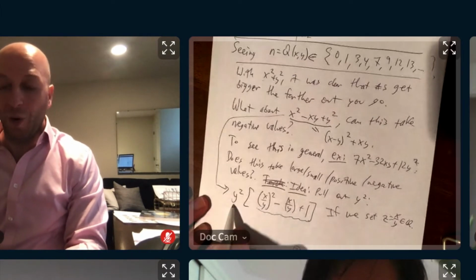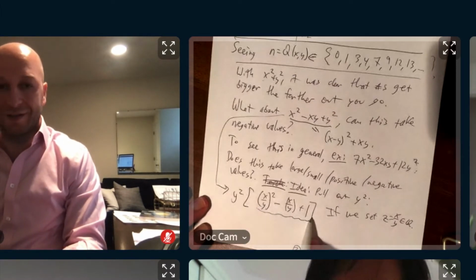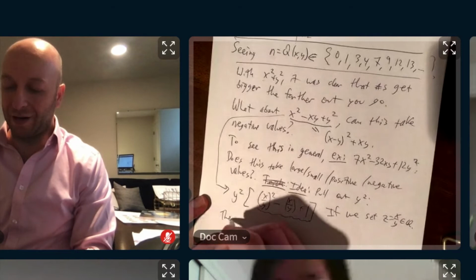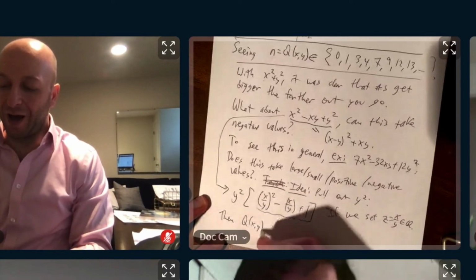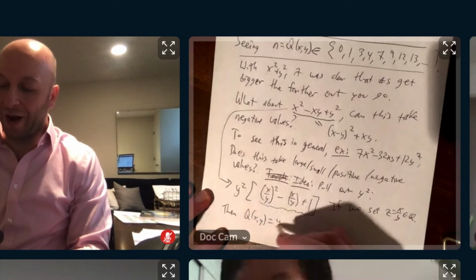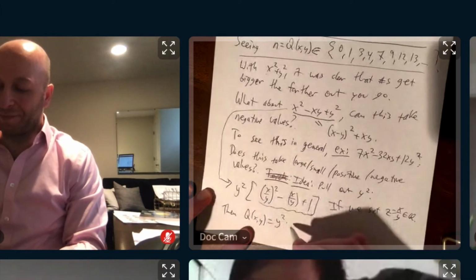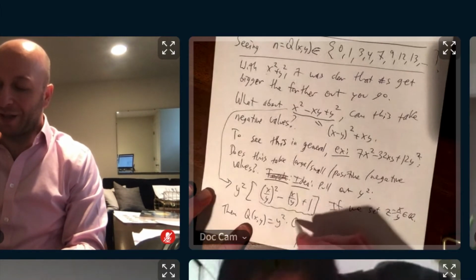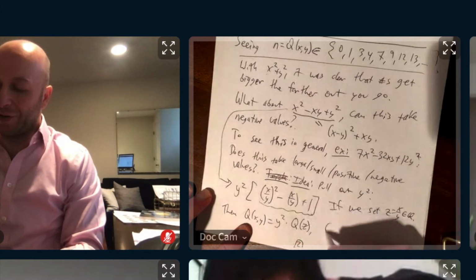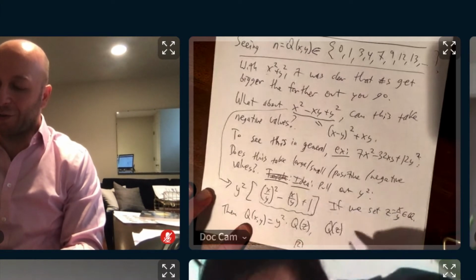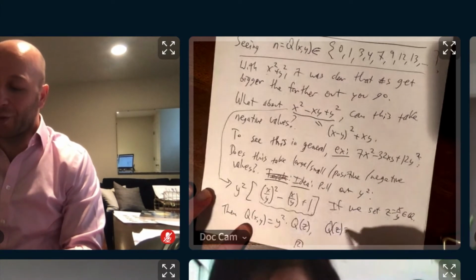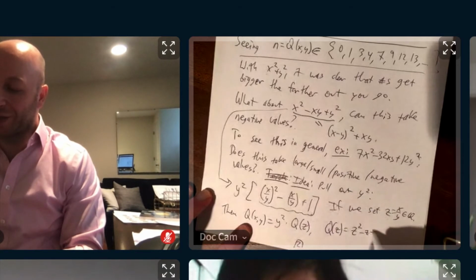So this is a square times q of z, where q, instead of being a quadratic form, is now just a quadratic polynomial, z squared minus z plus 1.